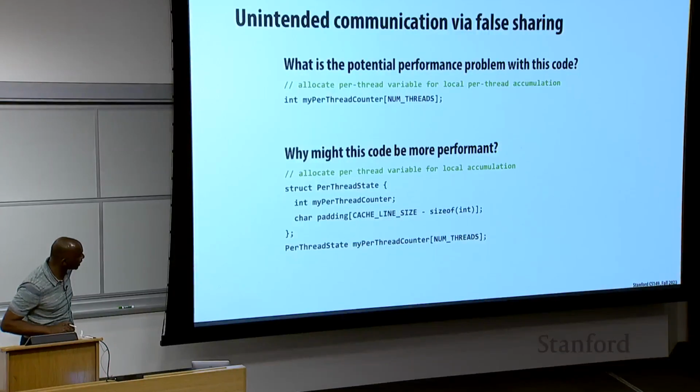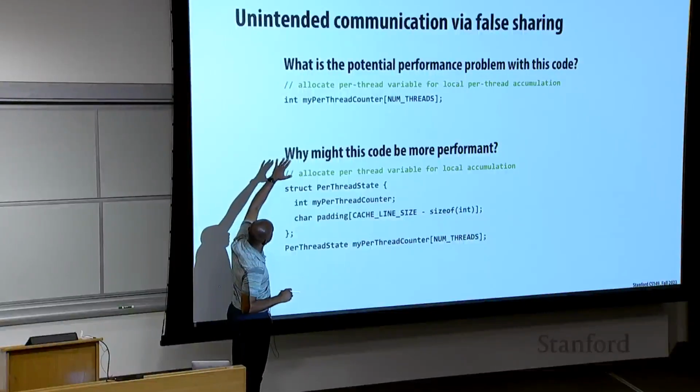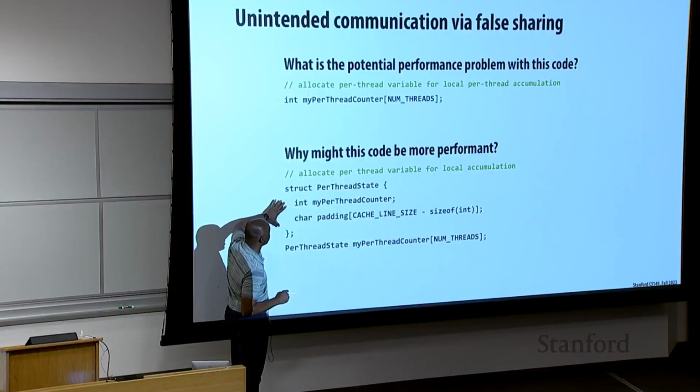And so the question is why I could allocate the per thread variable as shown in the first instance, or I could create a struct that looks like this in the second instance.